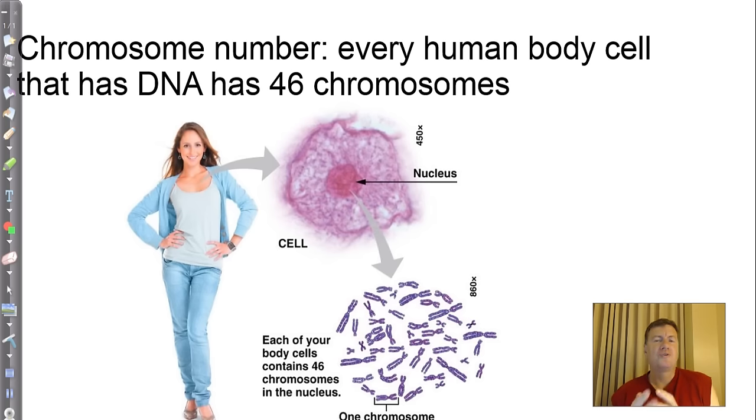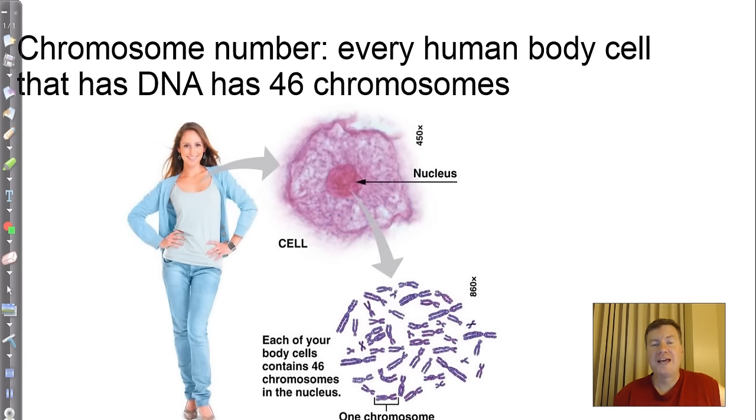Let's go back to chromosomes. We'll be looking at chromosomes in lab, and we'll talk more about what they do. But the chromosome count for humans is 46. That is, in a normal human with the normal allocation of chromosomes, there's going to be 46. A chromosome is simply a long piece of DNA wrapped around proteins.